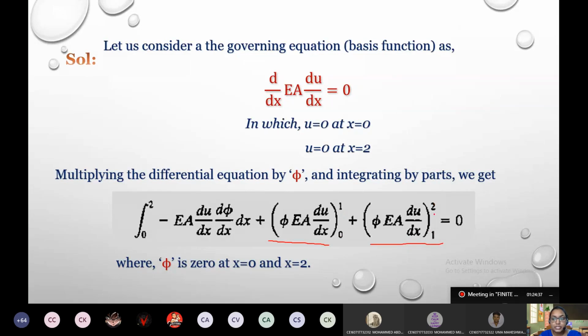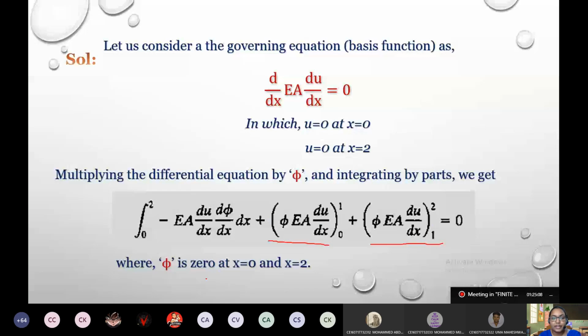This is the reason, because if you see in the question, at 1 the displacement is given, that is u1 in the previous case. It means that there is a possibility of displacement happening at x is equal to 1. At x is equal to 0, no displacement. At x is equal to 2, no displacement. But at x is equal to 1, there is a displacement, so we are taking that as a break. So 0 to 1 we have one equation, 1 to 2 we have another equation.